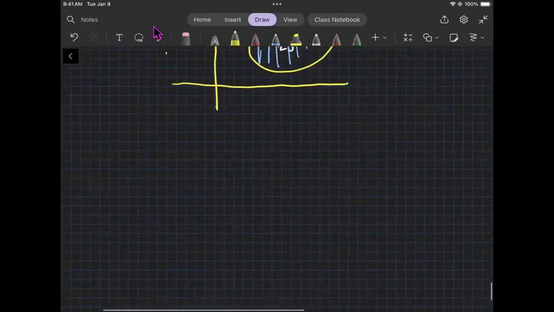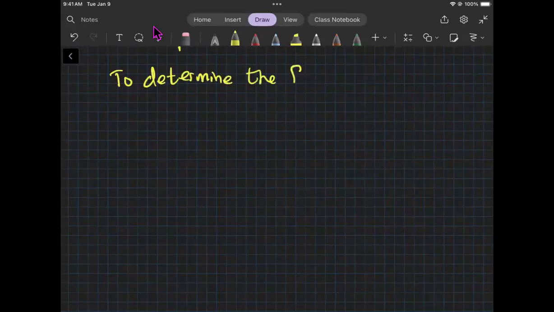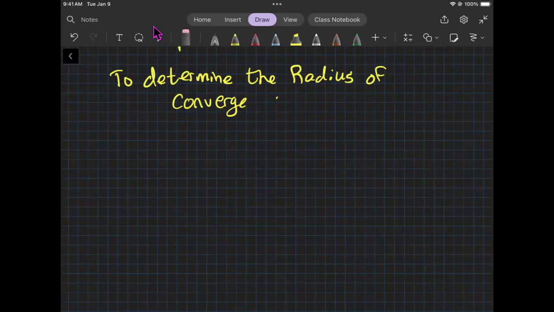So to determine the radius of convergence, always use the ratio test.